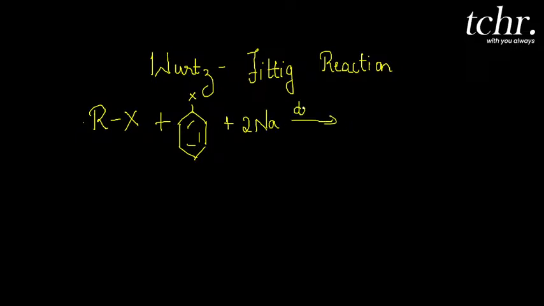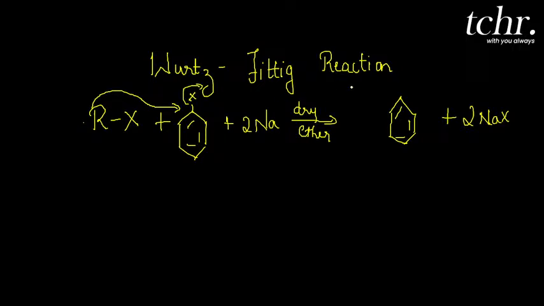of catalyst dry ether. So here what can happen? Here also, students, sodium comes out with halogen as 2 molecules of NaX. Then what remains? Yes, there will be one benzene ring, correct? And one R group, and the R group attacks the benzene ring where halogen is a leaving group. So you will get a compound like this.